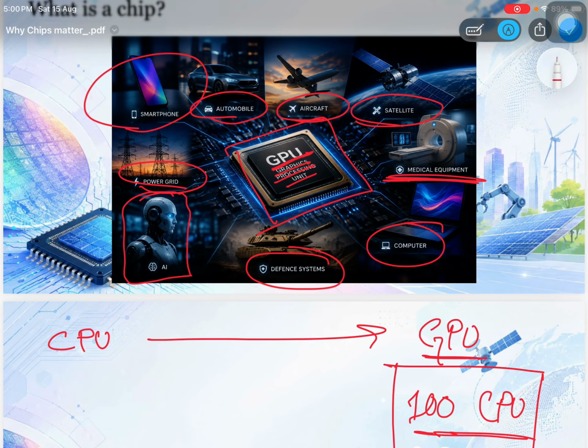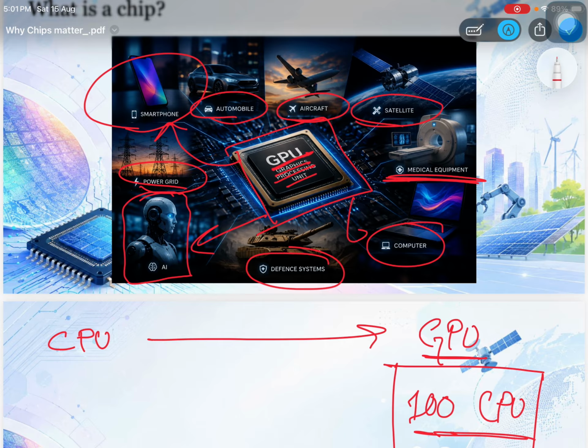The high processing GPUs are actually helping AI tools to process better, to help us better. They are helping the smartphone industry make better high processing smartphones. I'm not saying this is entirely good for the environment and everything, but that is a discussion for later classes.